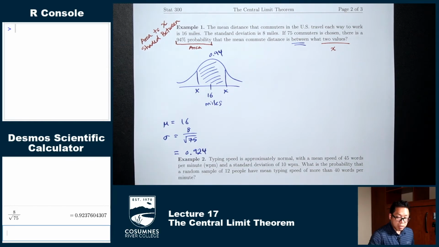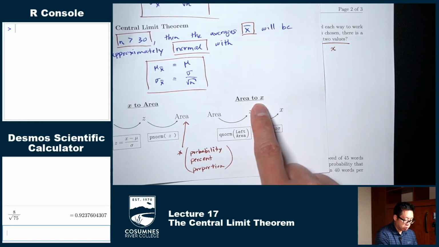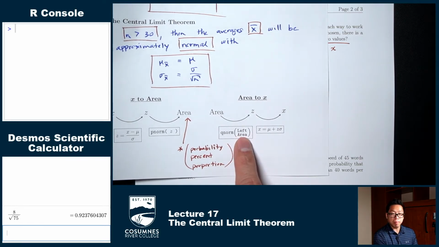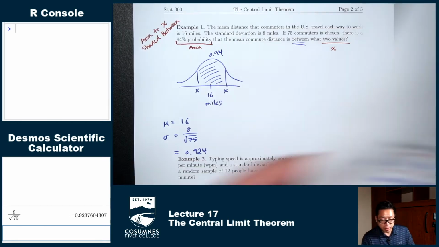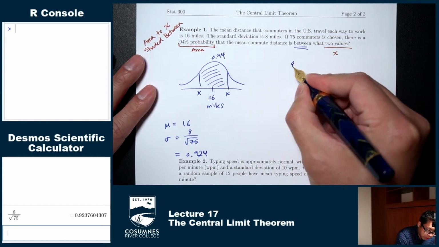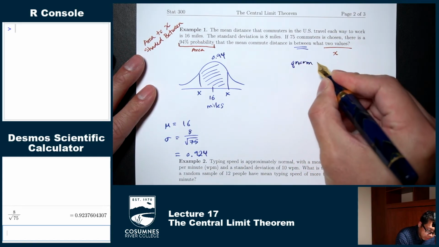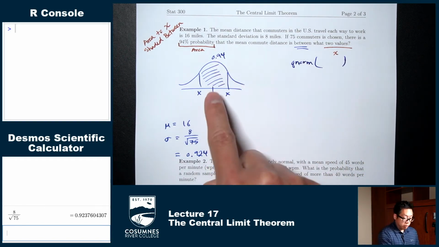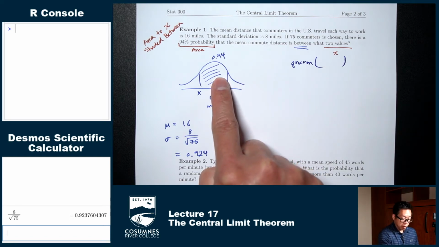All right, area to x. First thing I need to do is go from area to z by doing a Q norm of the left area. Okay, 0.94 is the area between. That's not the left area that I need.